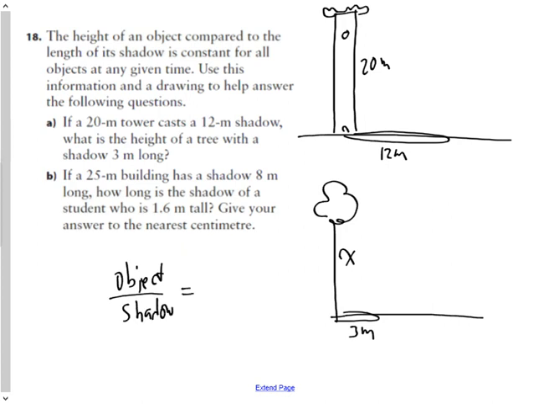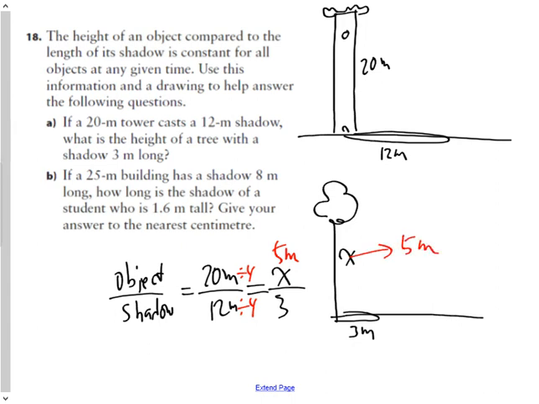The object in the first one is 20 meters, and its shadow is 12 meters. This will be proportional to the object that I don't know, which is the tree, to its shadow, which is 3. Now, since 12 divided by 4 is 3, the most appropriate method would be division, and therefore I know the tree is that tall.